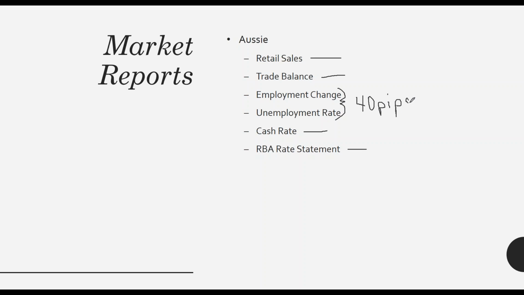So if you're anticipating a 40 pip move on the Aussie, how many strikes is that? That's 10 strikes, okay? Well, you don't always get the average move. This is historical and we're dealing with current day, and sometimes your averages can be off, okay?